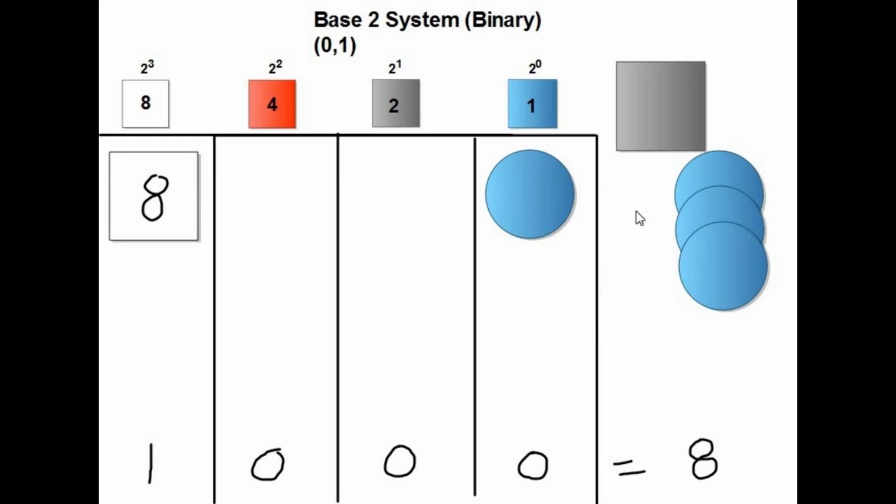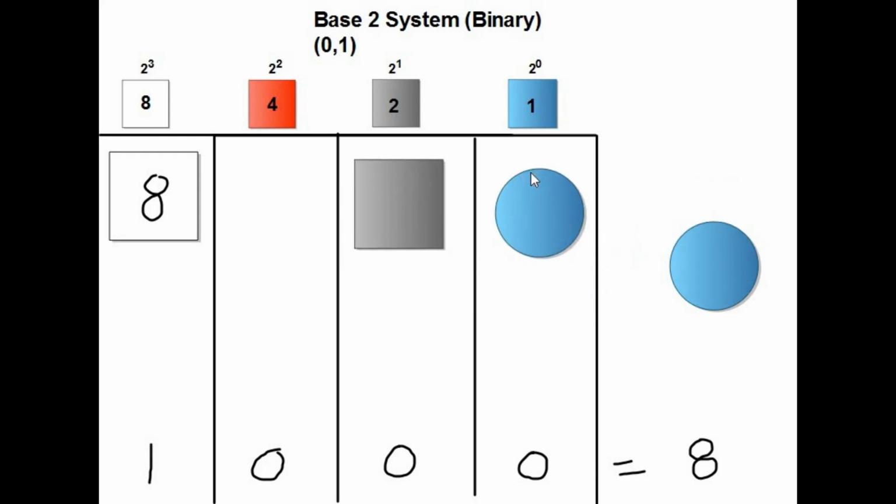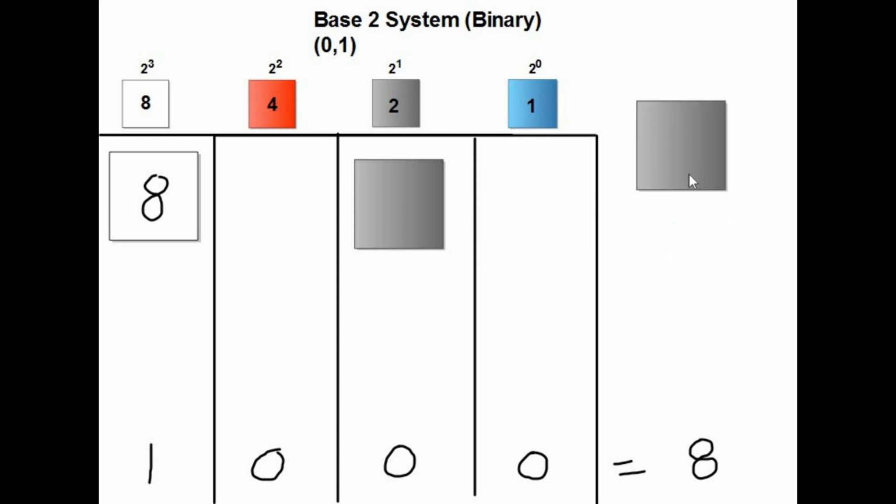Again, we'll get a gray box, transfer these 2 disks into this box, and place it in the gray box column. Now we'll add this disk here, and again get a gray box, fill it up with these 2 disks. And because we cannot place it in the gray box column, now we'll get a red box.